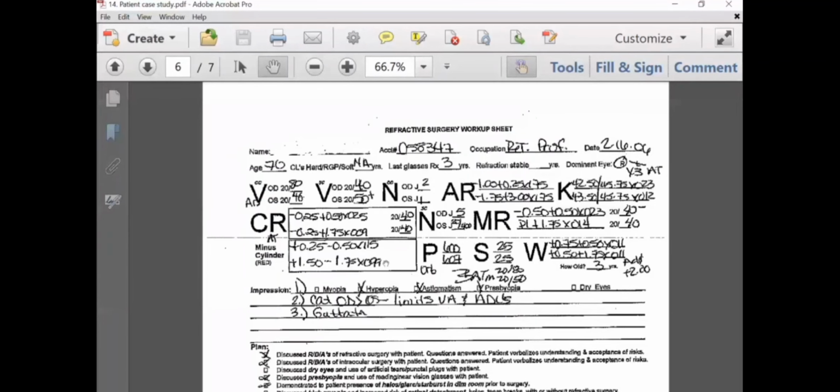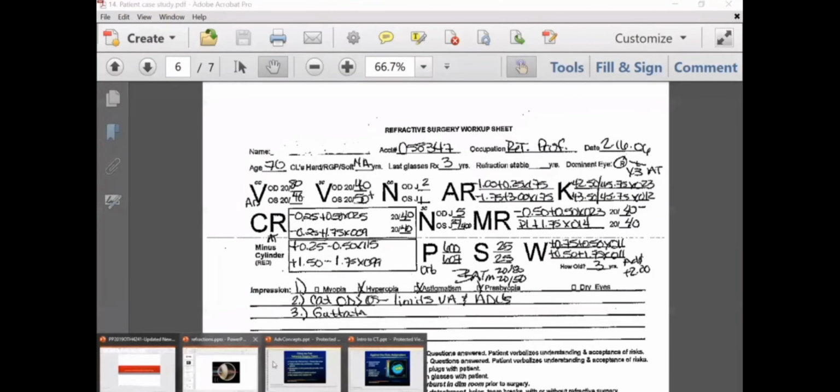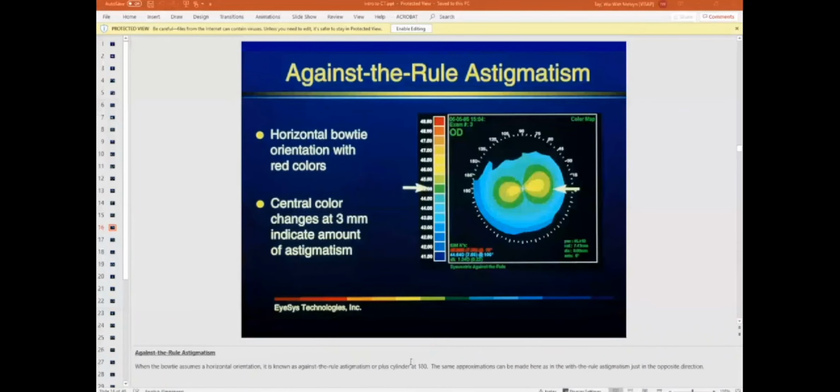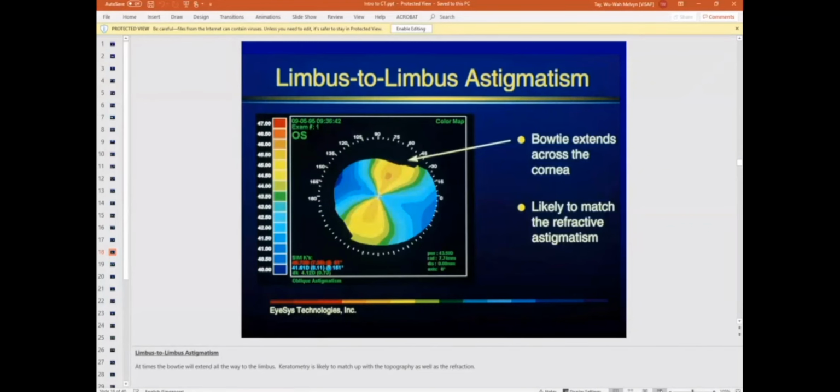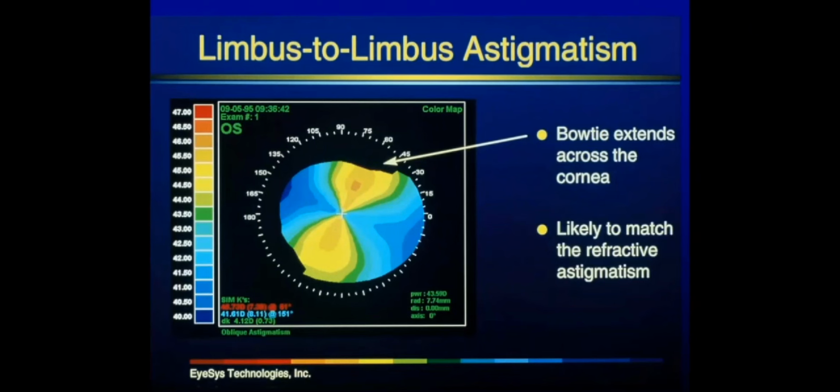Now, of course, there are also other ways to show the astigmatism. Like I've shown you earlier, when you look at cornea topography, sometimes it is captured in the patient case notes, and you can see the K values in terms of the K1 and K2 values. It just shows you two K values, but these are simulated K readings.